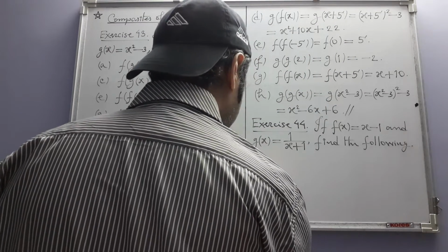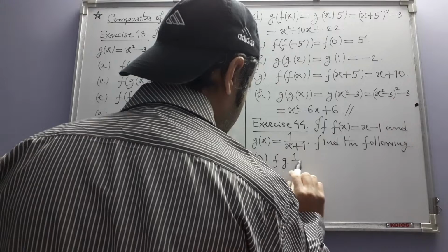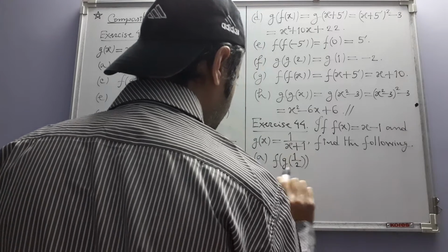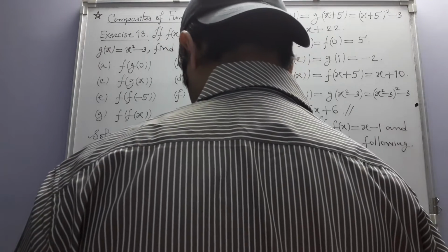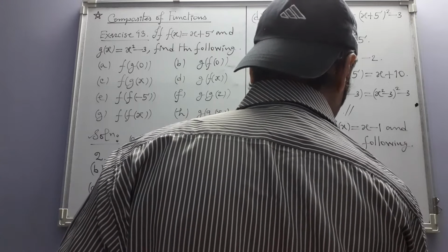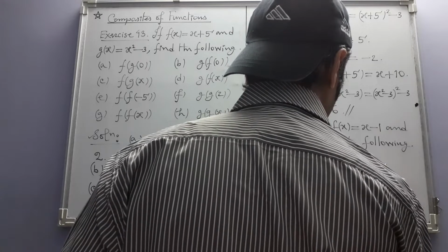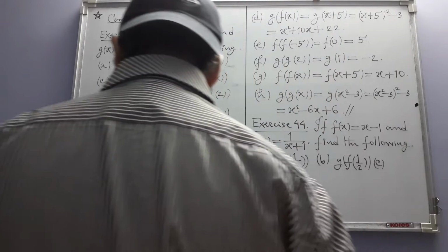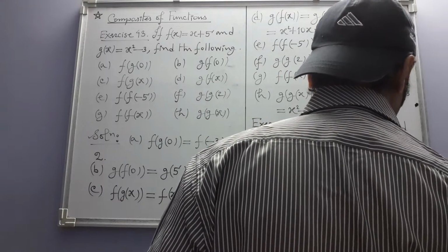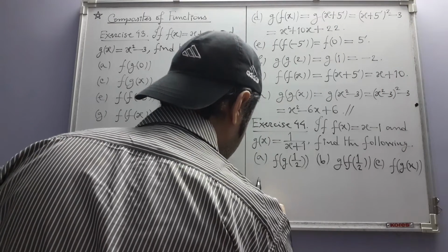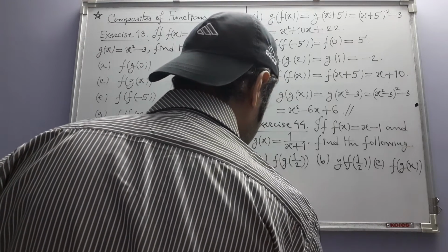Okay, here also we have parts. Part A, f of g of 1 divided by 2. Part B, g of f of 1 divided by 2. Can we fit part C here? Yes, f of g of x. Then D, g of f of x.